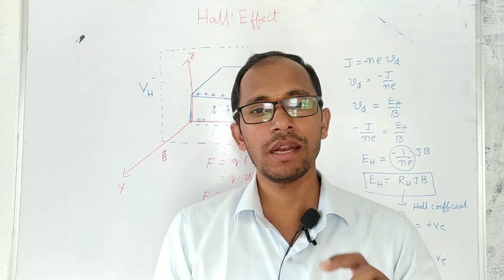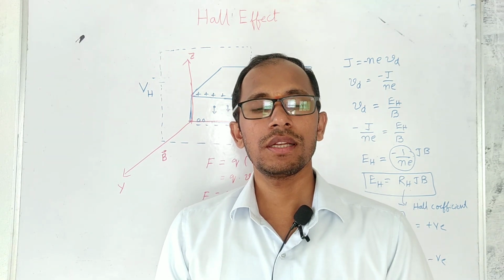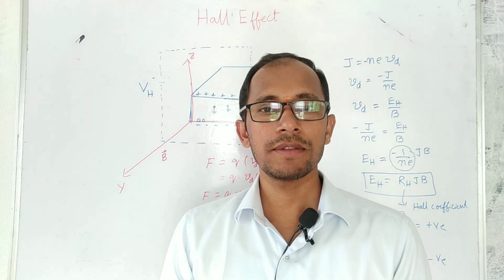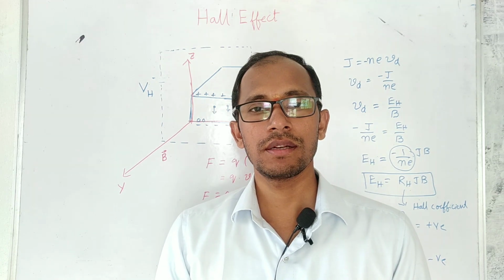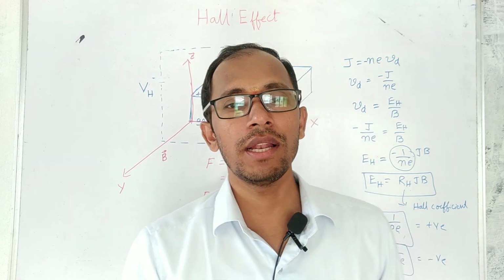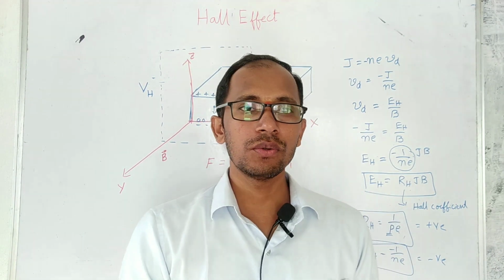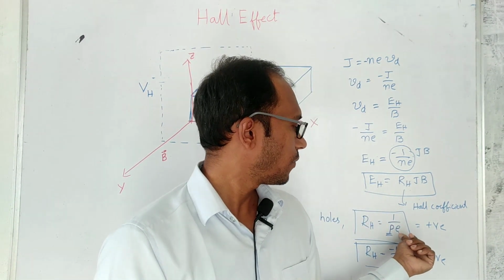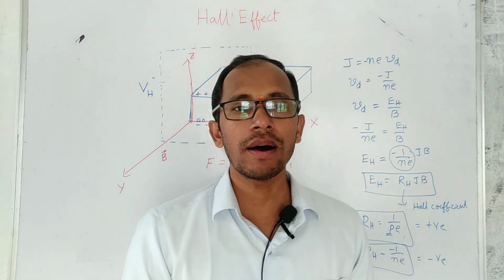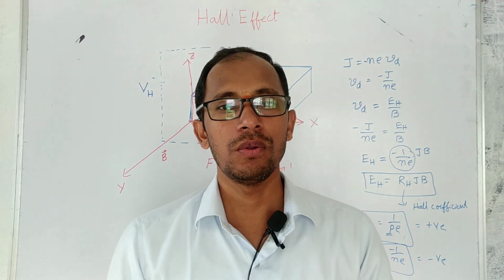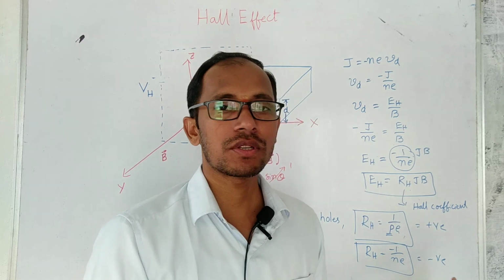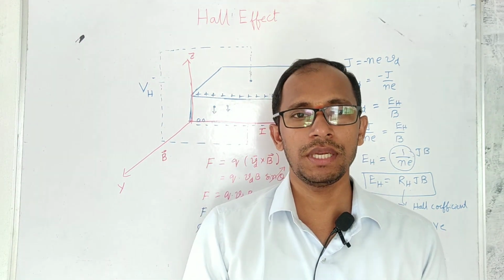So by this we can distinguish whether the given semiconductor is p-type or n-type from the known value of RH. And if you know the RH value and the E value, from this we can measure the concentration of the holes as well as the concentration of the electrons present in the material.